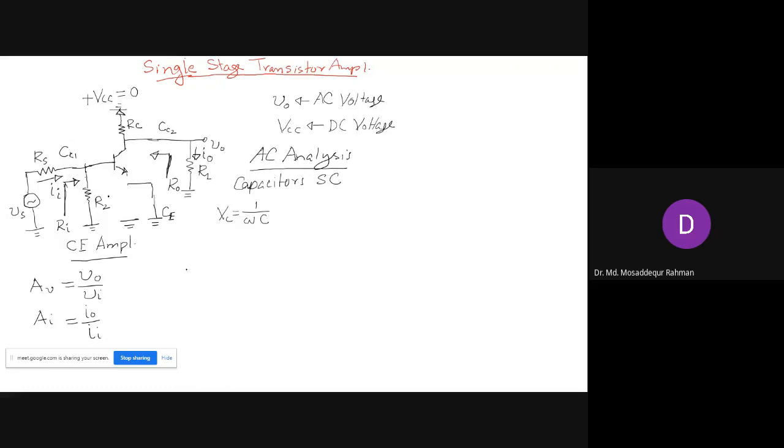So we have combined R1 with R2, and the emitter is shorted to ground. You can show this like this.